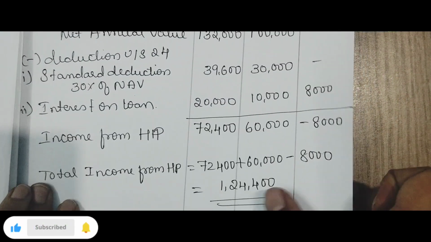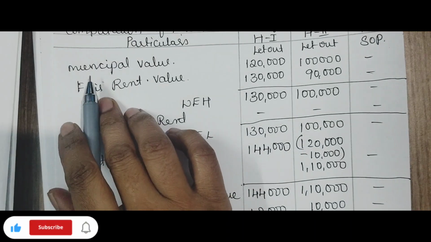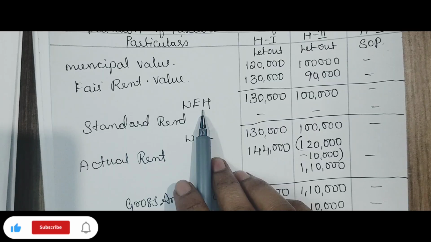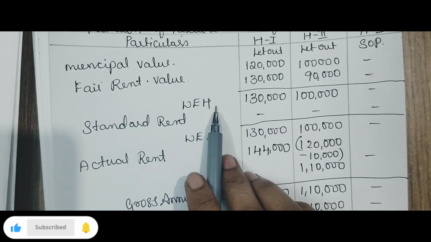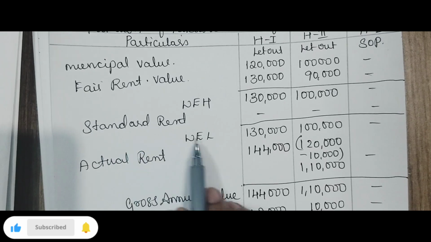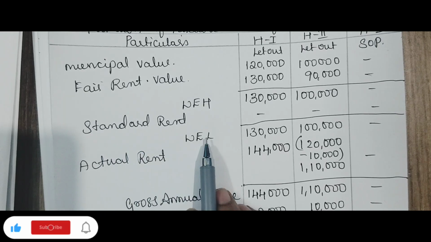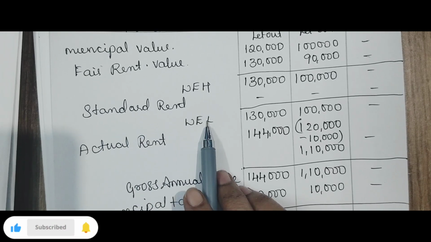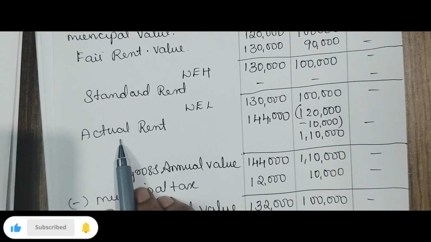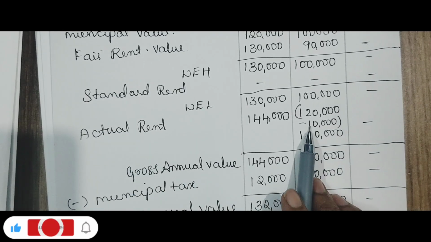How did we calculate it? We took the municipal value and compared it with the fair rental value, whichever is higher. This is called the notional rent. Then we compare with the standard rent, and whichever is lower is considered. This is called the expected rent. With this you compare the actual rent. If any unrealized rent is there, it should be deducted.